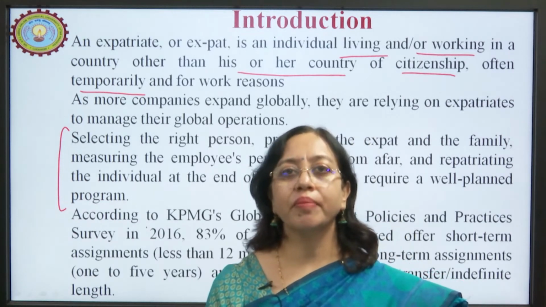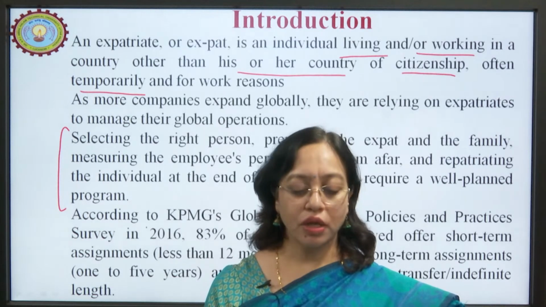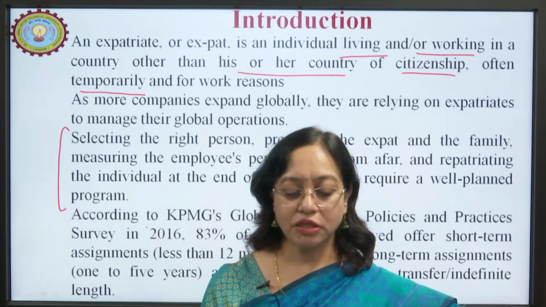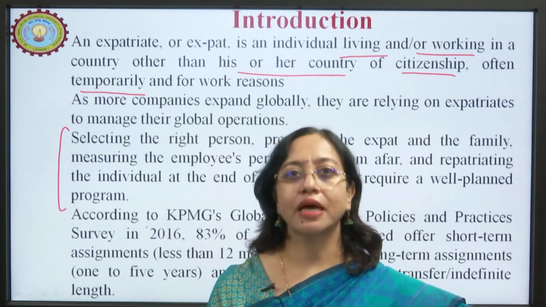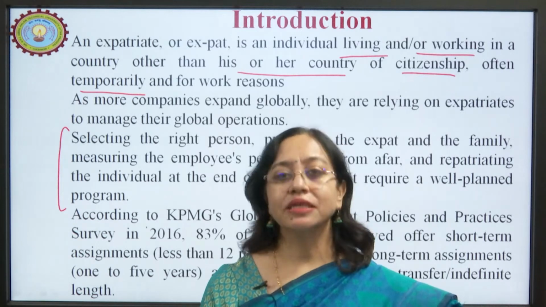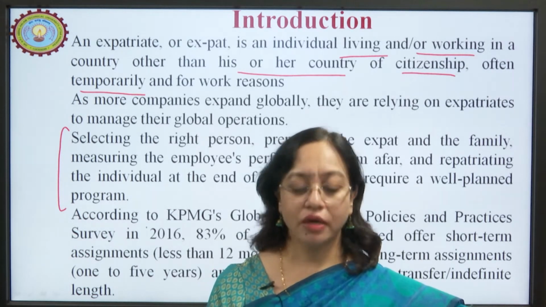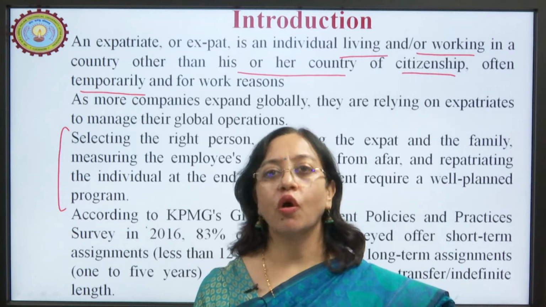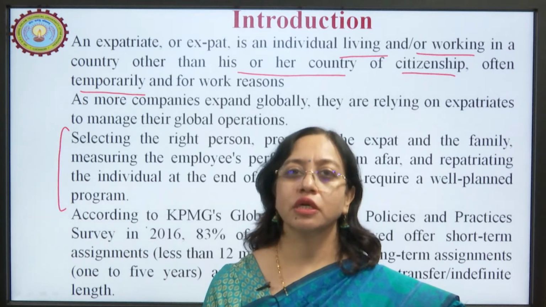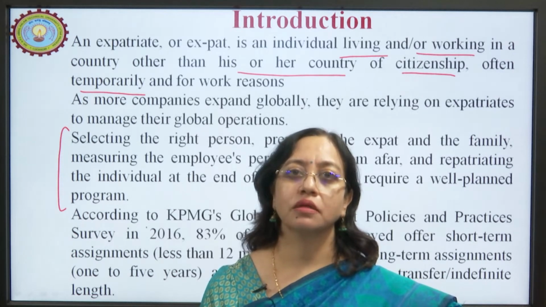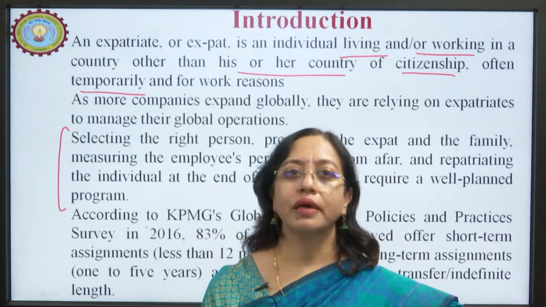Now, according to KPMG's Global Assignment Policies and Practices Survey in 2016, 83% of employers surveyed offer short term assignments, that is less than 12 months, 97% offer long term assignments, that is 1 to 5 years, and 61% offer permanent transfers of indefinite length, where the time period is not specified for how long the person is going to stay in the foreign land.